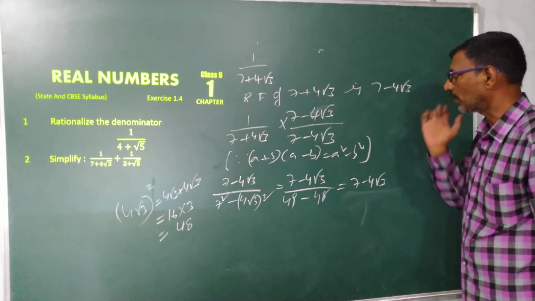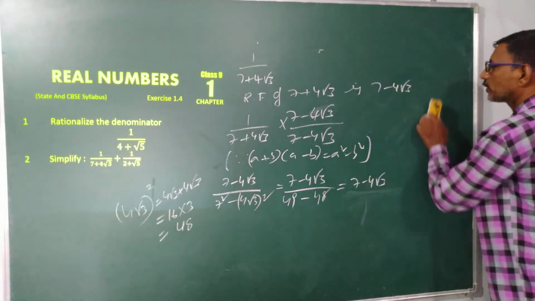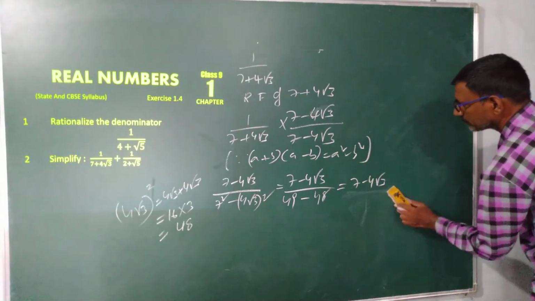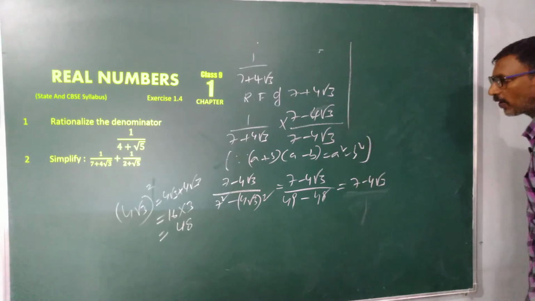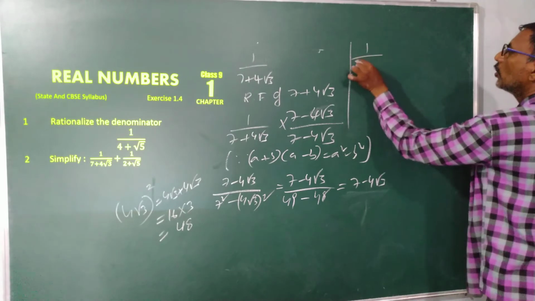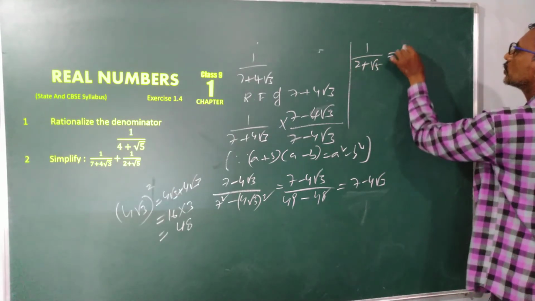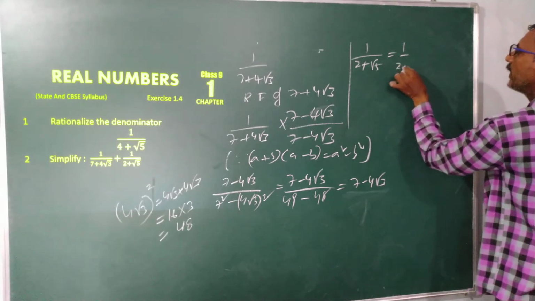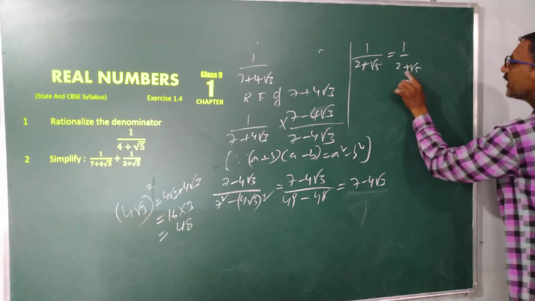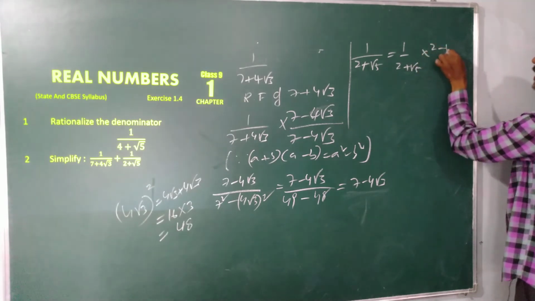Clear? Now coming to the next problem. One more part is there now. 1 by 2 plus root 5. Its conjugate, its RF, is 2 minus root 5.